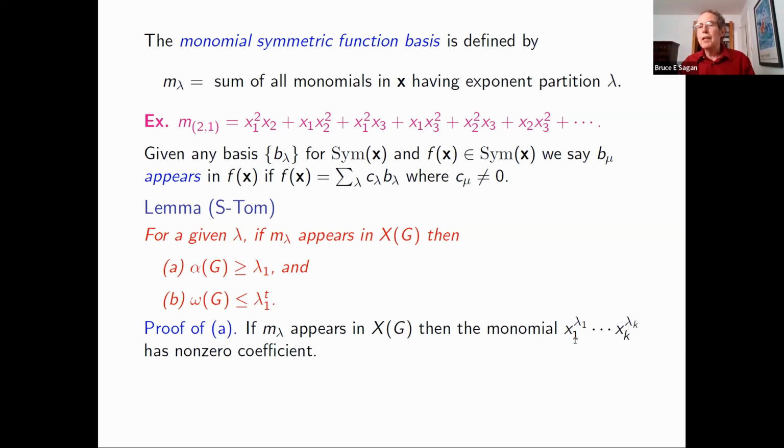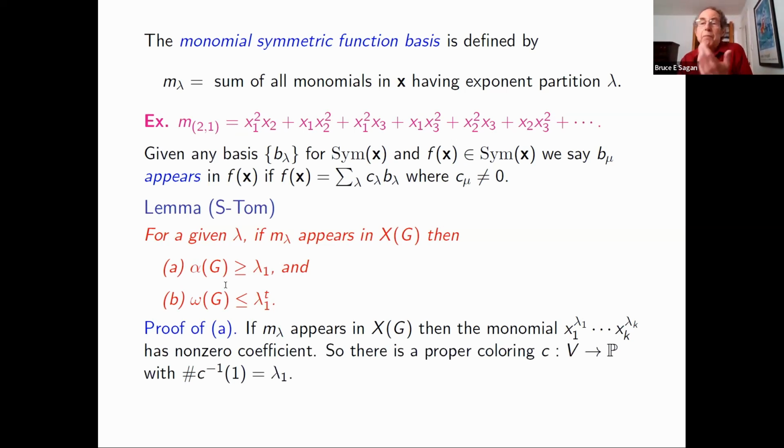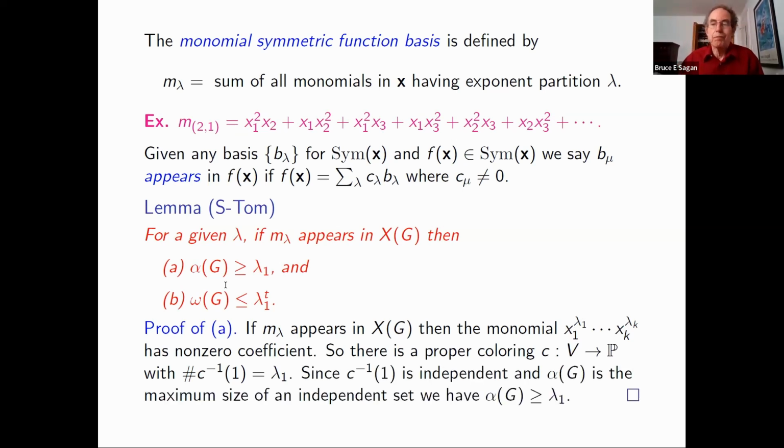But those vertices have got to be independent, from what we talked about before. So we've got an independent set of size lambda 1. And remember, alpha of G is the maximum size of an independent set. So alpha of G is at least the size of that independent set that we just found. Okay, so very easy, very quick, no problems.